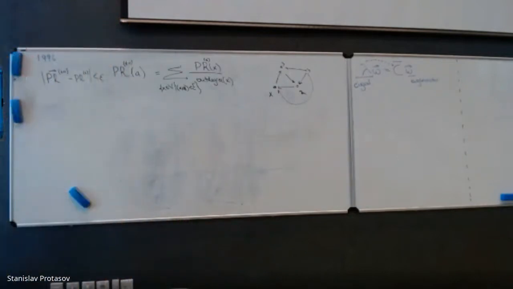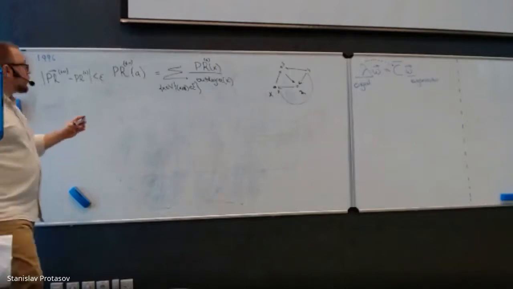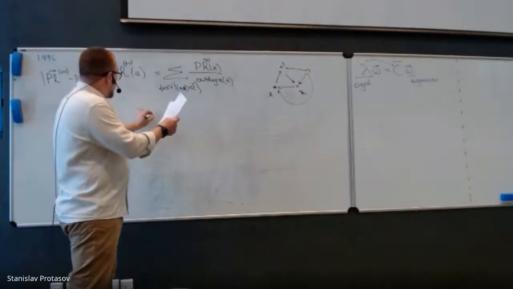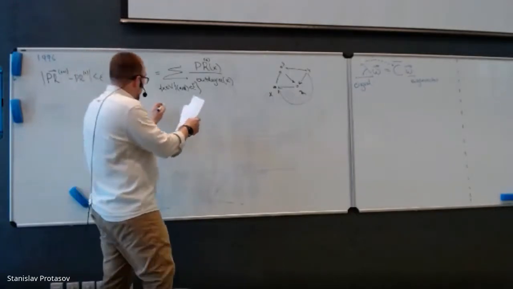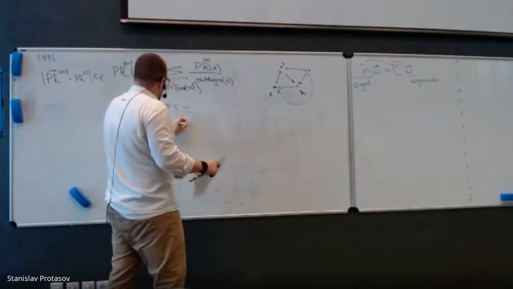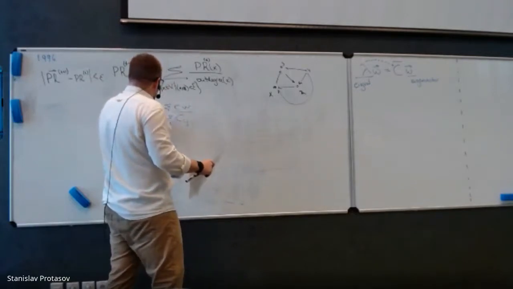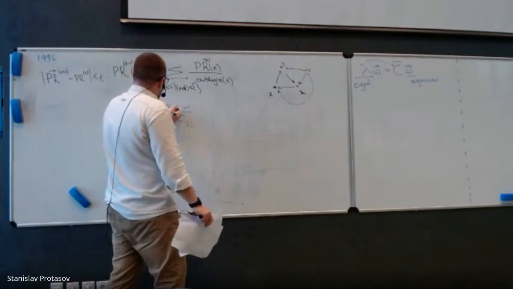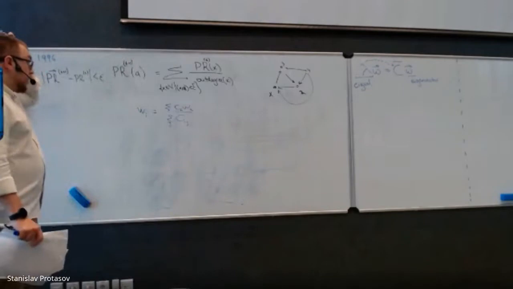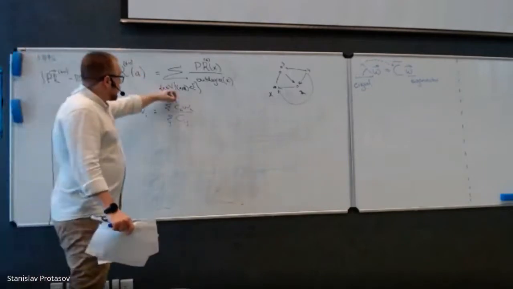What's strange with this formula? I think the strange thing is that if we remember the formula W equals the sum of C_ij W_j divided by C, we will see that actually this is what?